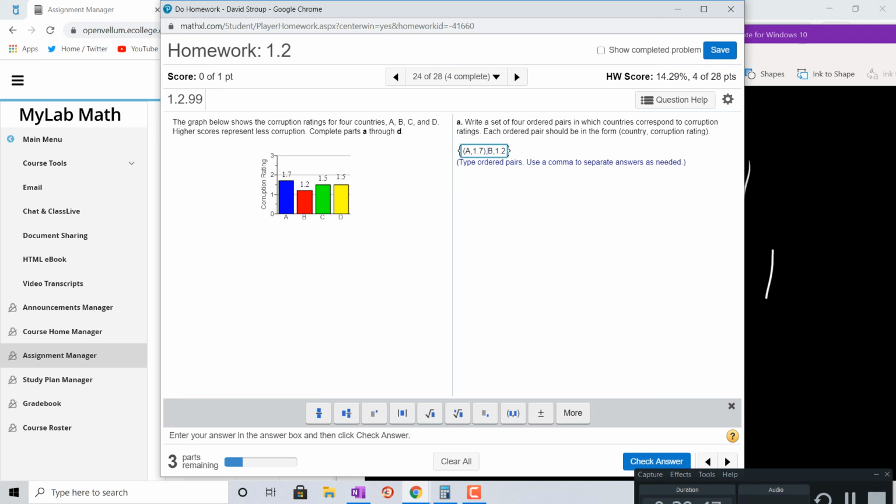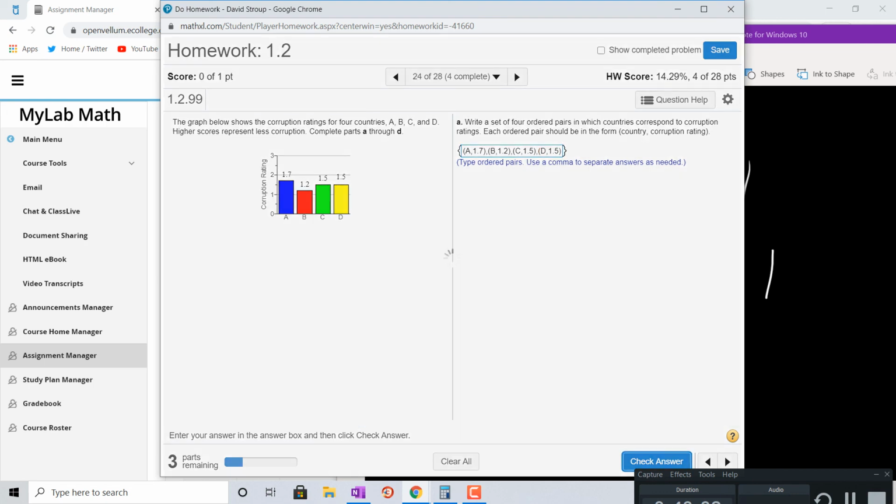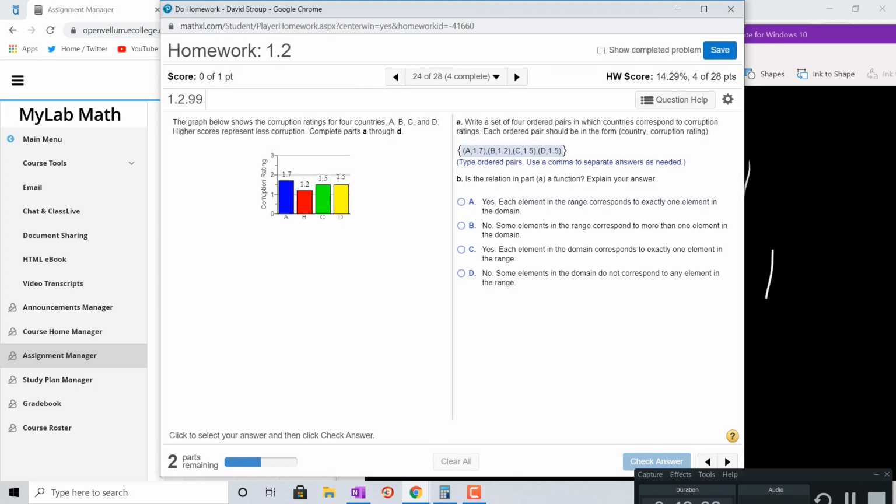Jeez, I can't read my writing. There we go. 2, comma C, comma 1.5, comma D, comma 1.5. What else they got?